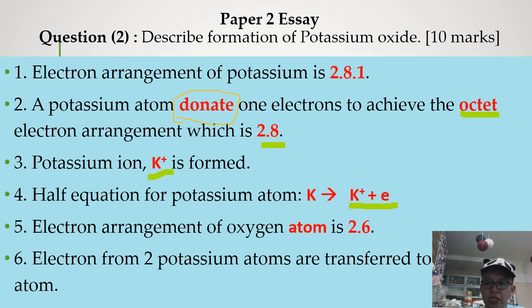Electron arrangement for the oxygen atom, you must mention the atom is 2.6. So electrons from 2 potassium atoms, because 1 potassium atom donates 1, so 2 will give you 2 electrons, are transferred to the oxygen atom.